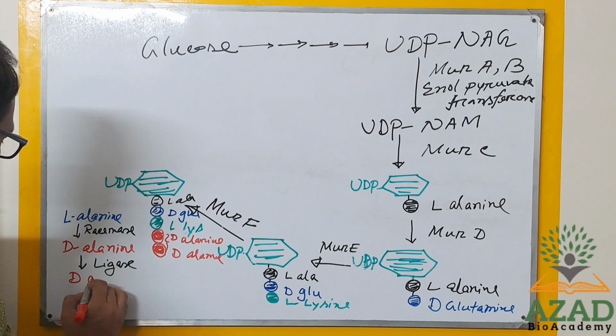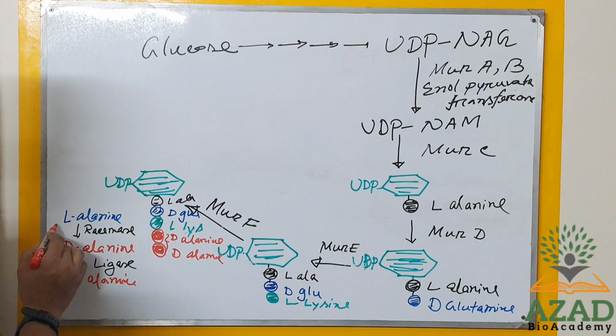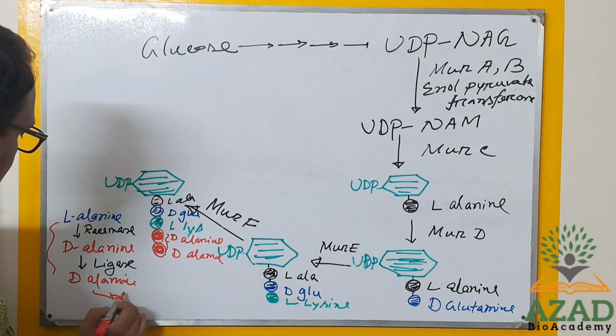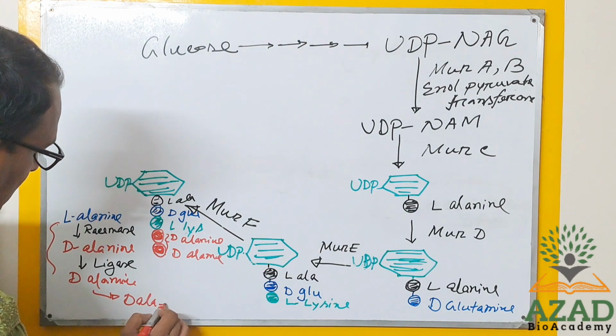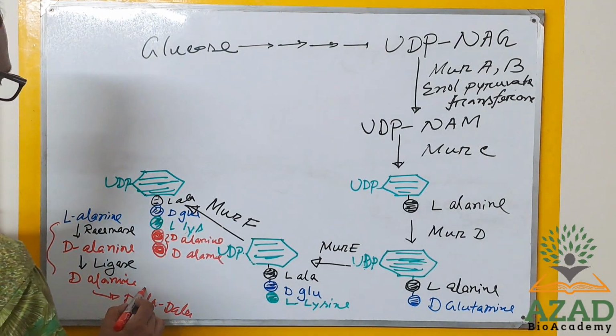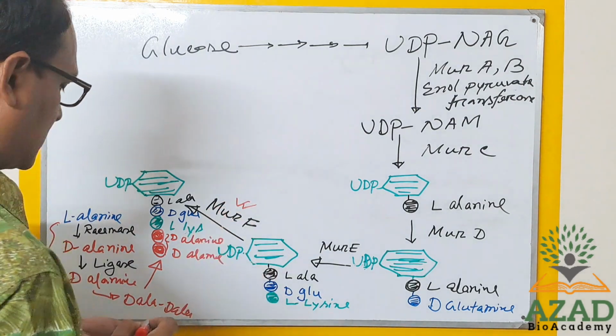And this D-alanine also comes the same way. So D-alanine and D-alanine, it will produce D-ala D-ala. Okay, so that will attach here by the help of this amino acid.